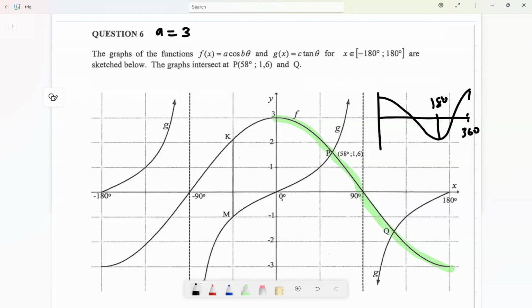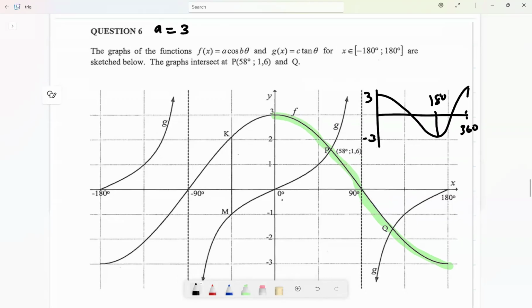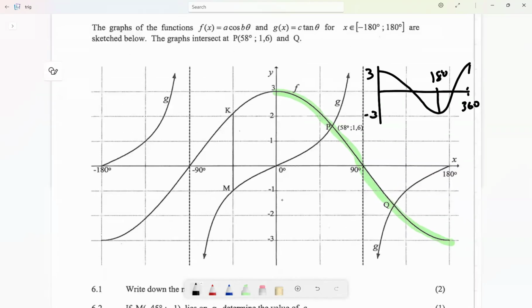So can you see here? It will do the very same shape, even though it starts at 3 and negative 3. If you were to draw this until 360, it will complete its shape after 360. So now our period is 360.